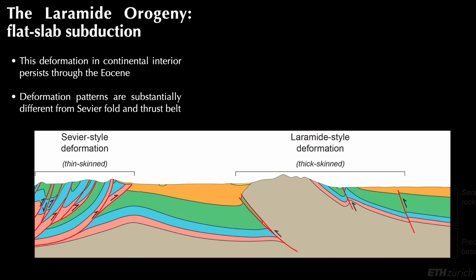Instead of thin-skinned thrusting only involving sedimentary sequences like shown on the left, the Laramide deformation patterns are referred to as thick-skinned because they characteristically involve the uplift of basement rocks forming these broad basement-cored anticlines or monoclines with sediments on their flanks, but they do not show slip along the sediment-sediment interfaces or sediment-basement rock contacts, in contrast to the Sevier thin-skinned deformation style.